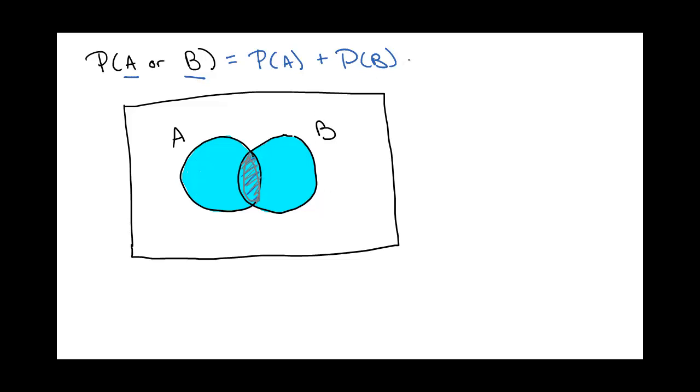So we then have to subtract that shaded area. This is the probability of A and B. Sometimes you'll see this written as A and then this sort of upside down U, B. This means intersection. So we can compute it that way, or we can just make sure that whatever the numbers are in this little overlap, we're not going to count those twice. So that's really what you have to be working on when you do the OR probabilities, is don't double count anything, right? Only count everything once.